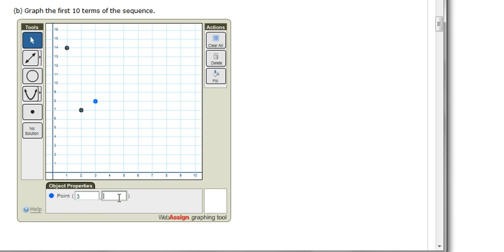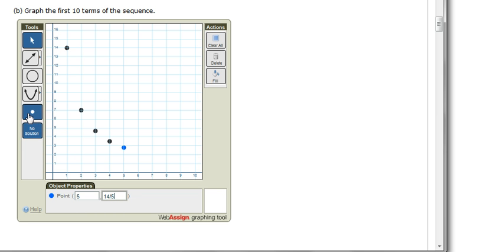3, 14 thirds, enter. 4, 14 fourths, which is 7 halves. Enter. 5, 14 fifths.